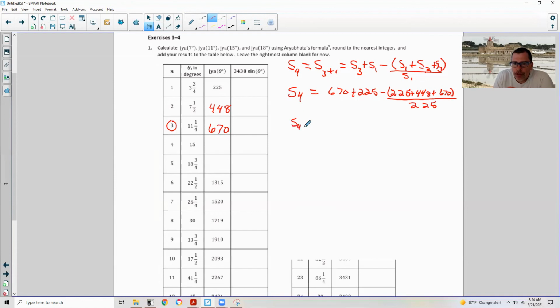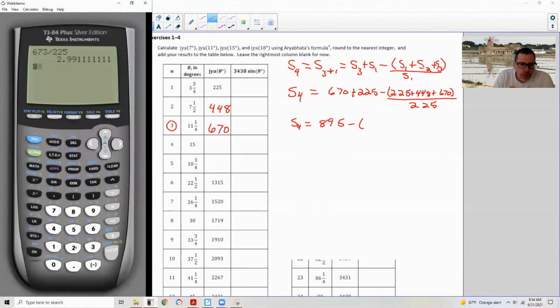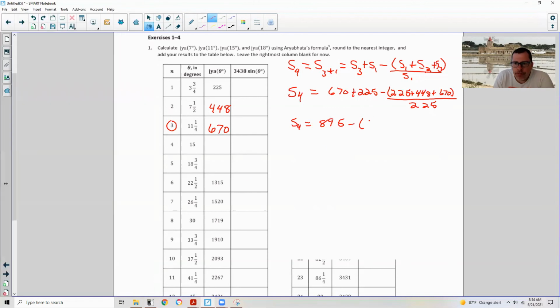So S sub 4 is going to equal 5 plus 0, 2 plus 7, 2 plus 6, minus the quantity 225, 448, and 670. So 225 plus 448 plus 670 is 1,343. And that's going to get divided by 225.